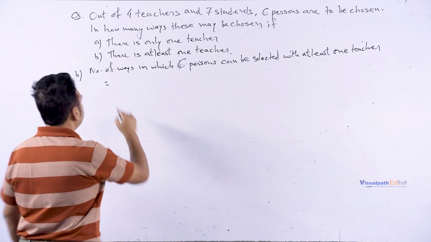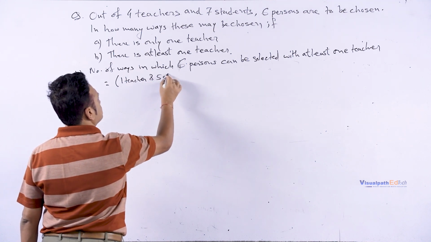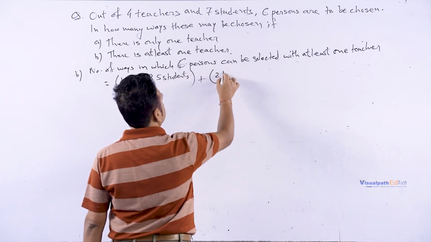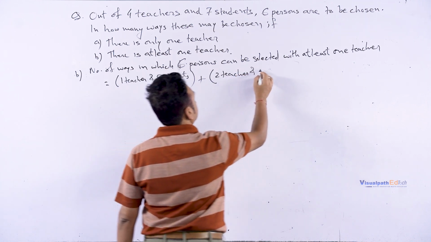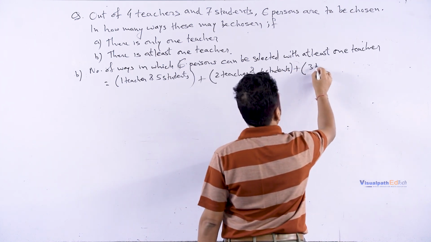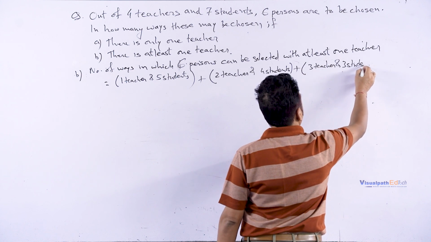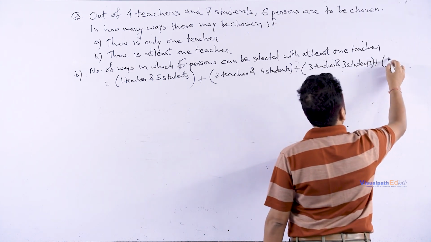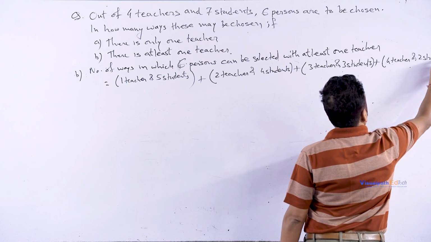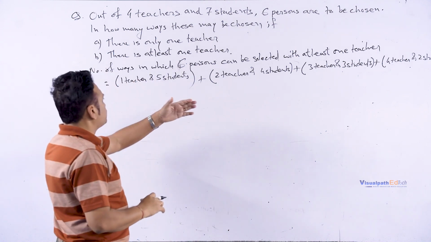Say for example, we take one teacher and 5 students, plus 2 teachers and 4 students, plus we can have 3 teachers and 3 students, plus 4 teachers and 2 students, and that is it, because we do not have more than 4 teachers to select. So, maximum can be 4 teachers.